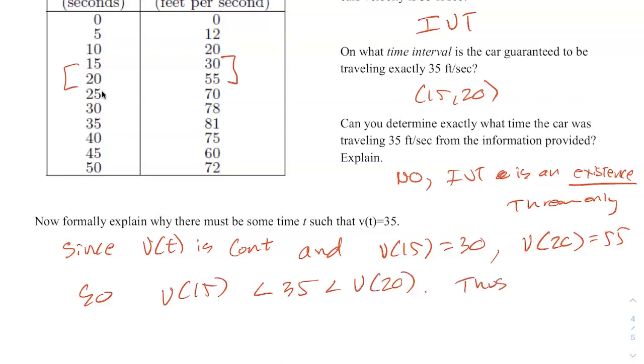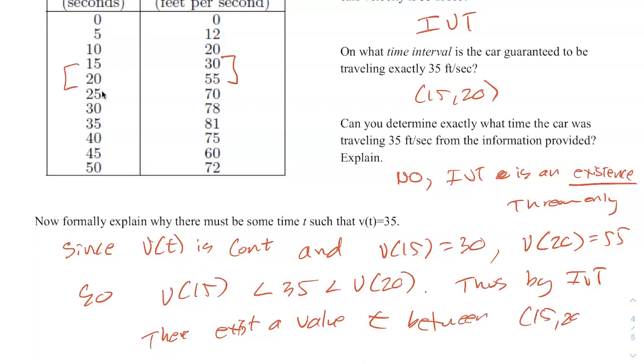Thus, by IVT, there exists a value t between 15 and 20 such that v of t equals 35.